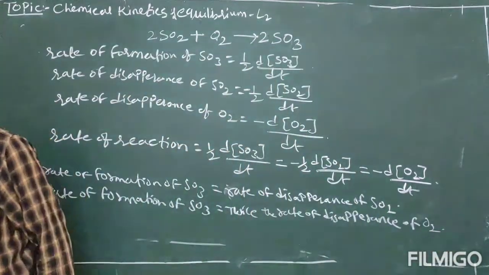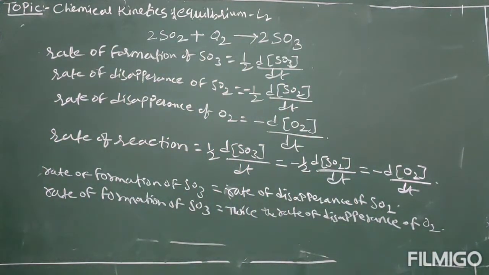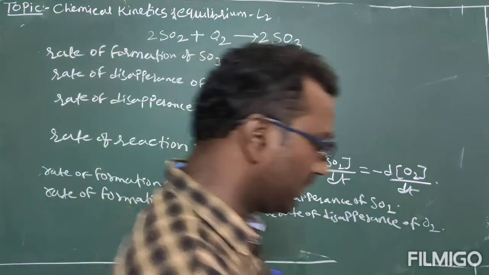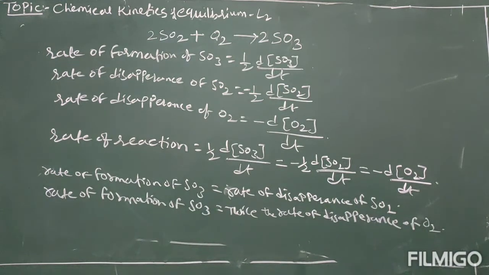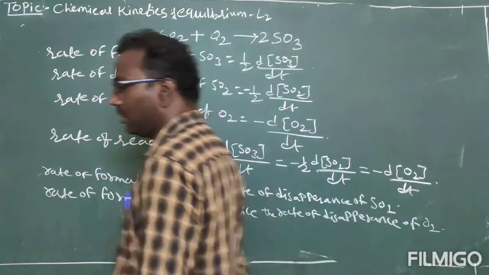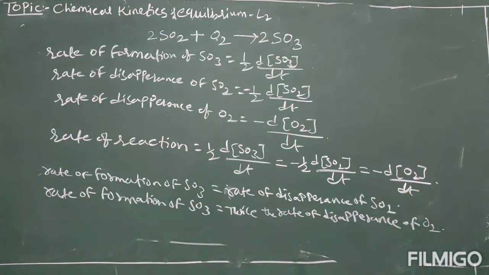So these are the fundamentals which you will be getting, and we will be calculating some problems on this. Once you are able to solve one problem, then you can understand the things very clearly. So rate of formations and rate of disappearances.